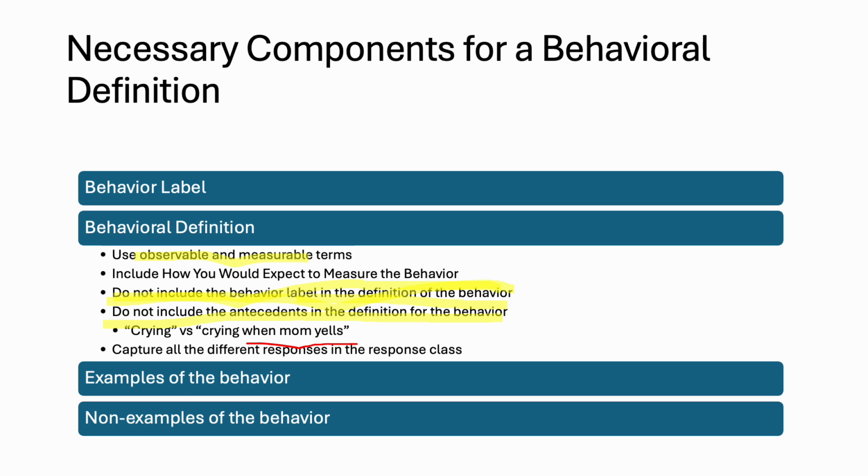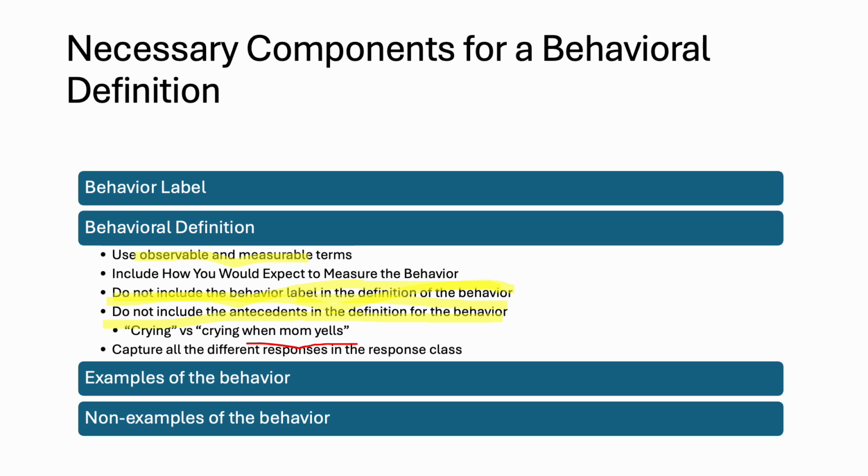So what about if crying occurred because dad took away a toy? Would that not be considered an instance of problem behavior? Or what if crying is occurring because a demand was just placed? So we need to try to exclude antecedents from the definition of behavior as much as possible. Okay.